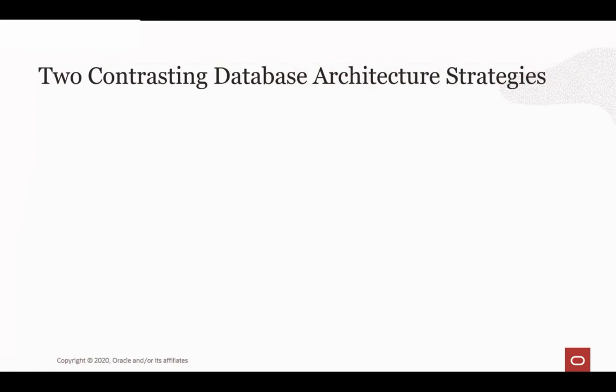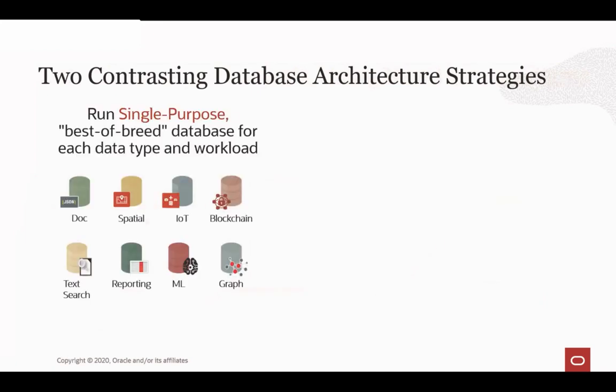To achieve a data-driven app strategy, what we discussed in the earlier slide, we will have to build multiple single-purpose databases which are best of breed for the data types or workloads which are used. Here, each single-purpose DB is a document JSON store, or a spatial coordinate store, or a machine learning workload, or a graph data store.